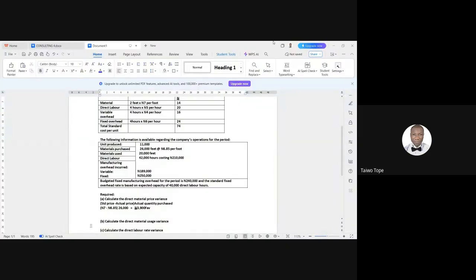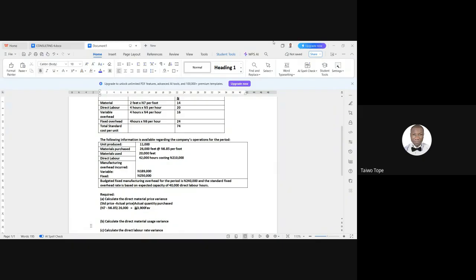In that class, we said that whenever you're using standard quantity, standard hour, you do something, right? And what is that thing? You flex, based on actual production. And what is the meaning of flex? Making your standard conform to your actual.